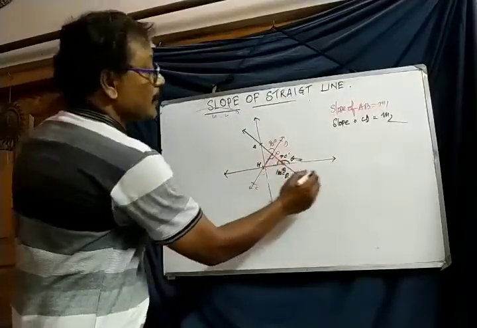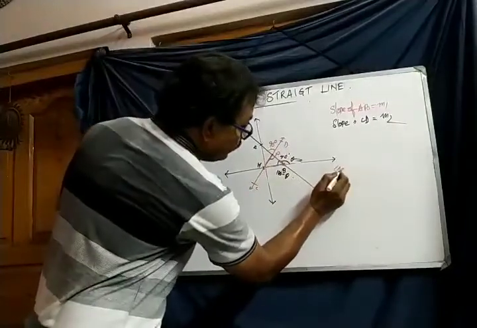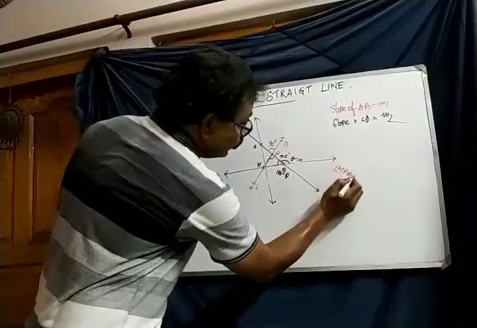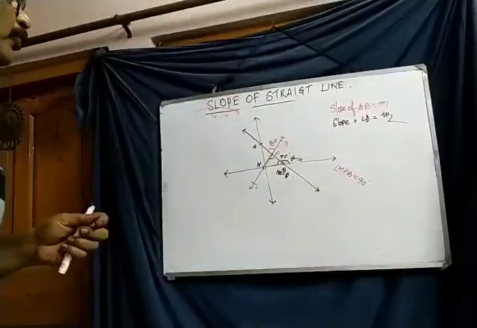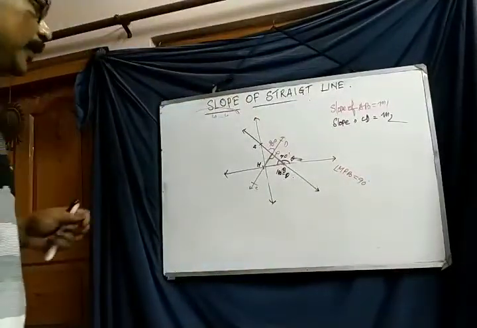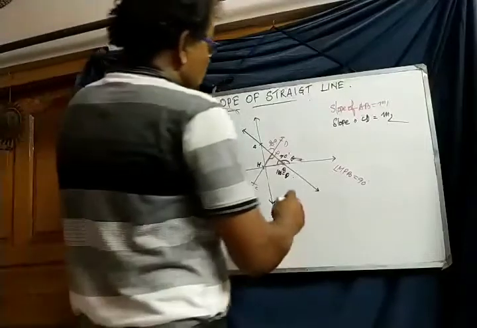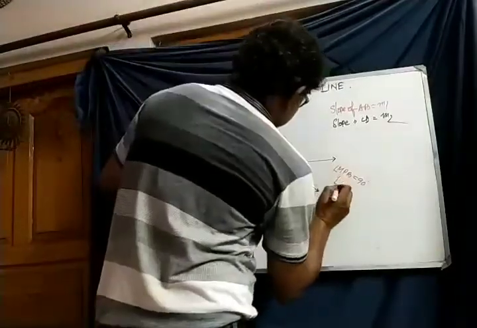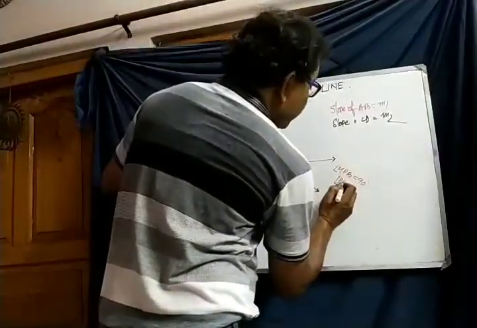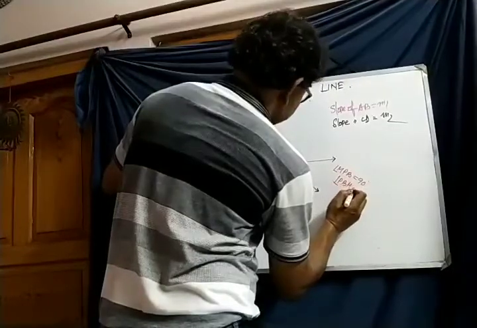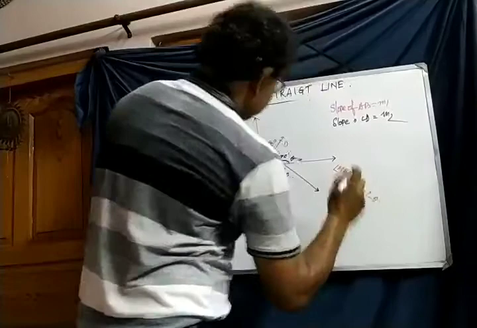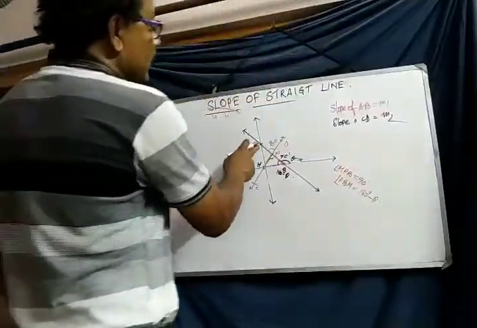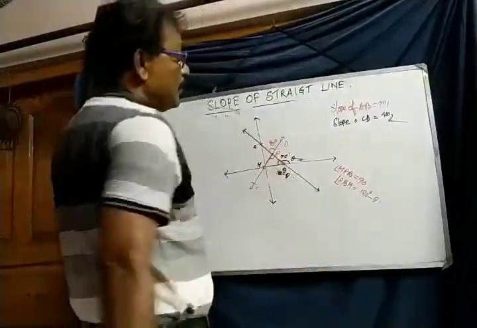So angle MPB equals 90 degrees. Angle PBM equals 180 degrees minus theta, when the angle of inclination of AB is theta.